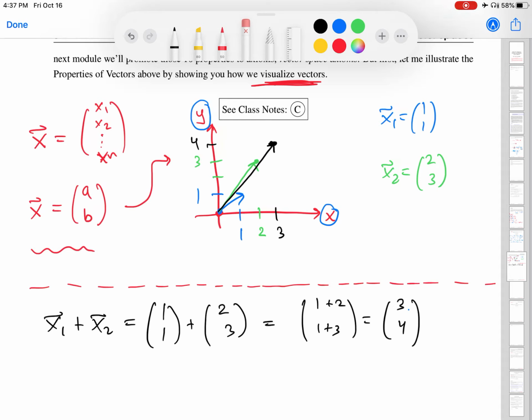Well, this is the way that we have come to understand how we add vectors in this visual way. What do we do? We would start down here at the vector x1. That's this blue vector that we drew over here. And then we are literally adding x2.